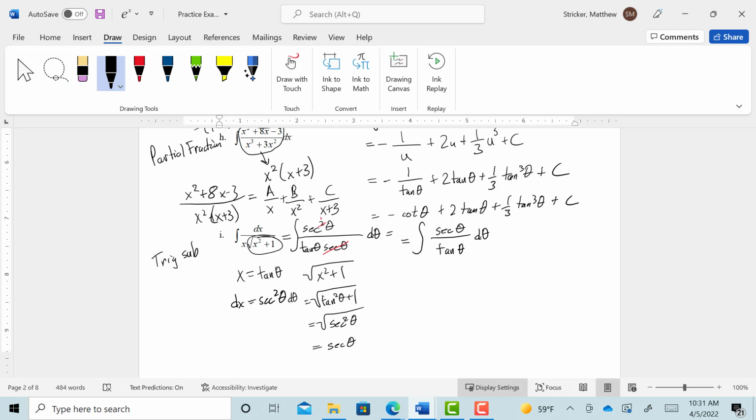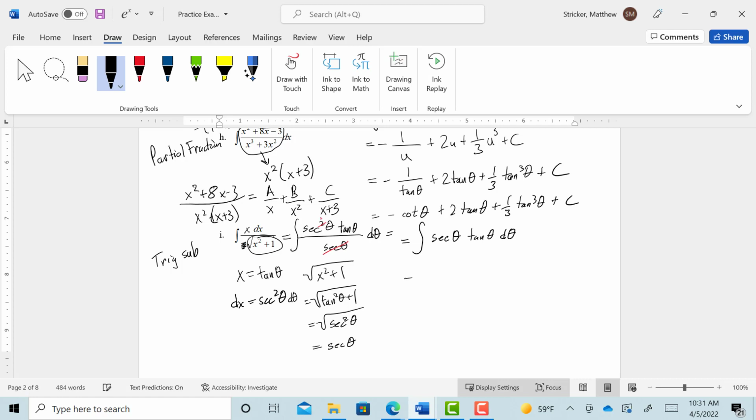So instead of x here on the bottom, why don't we go ahead and put x on the top? And so that's going to change. Instead of a tangent theta on the bottom, that's going to leave a tangent theta on the top. And so we're going to get left with the integral of secant theta tangent theta d theta.